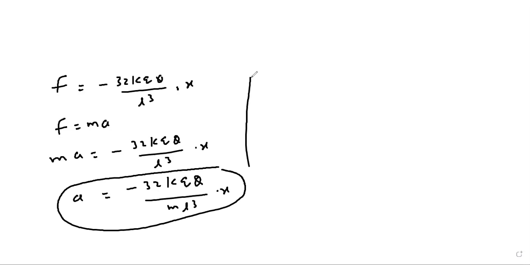Now, what is acceleration in SHM? Okay, so in SHM, that acceleration A is equal to minus omega square x, right? So in SHM, what is A? Minus omega square x. Here A is equal to this much. Compare these two.